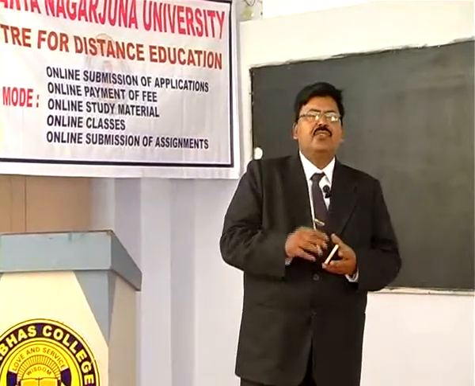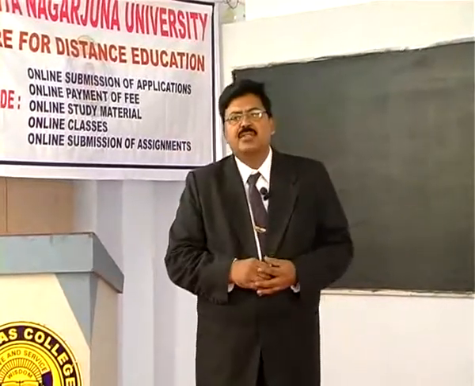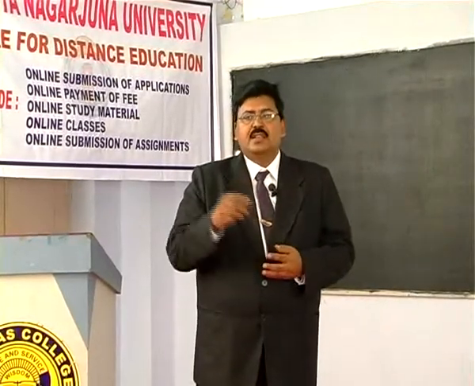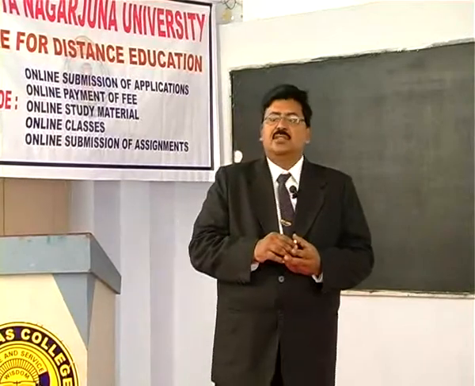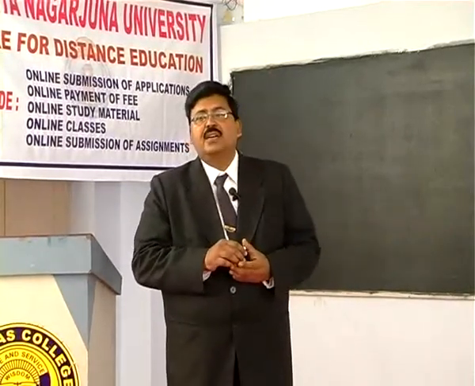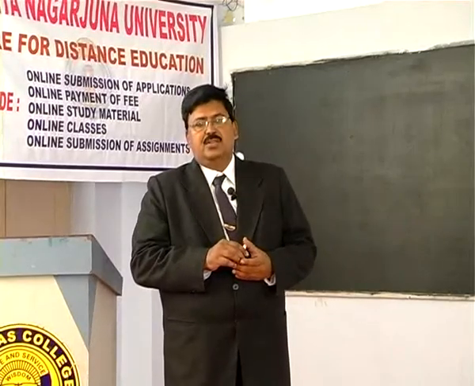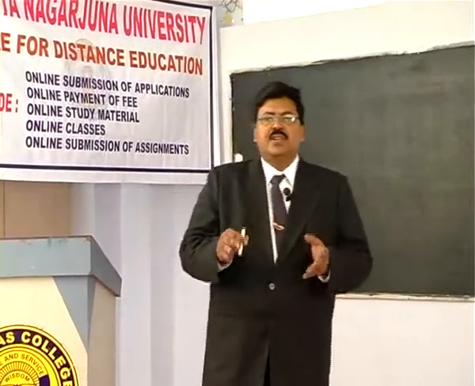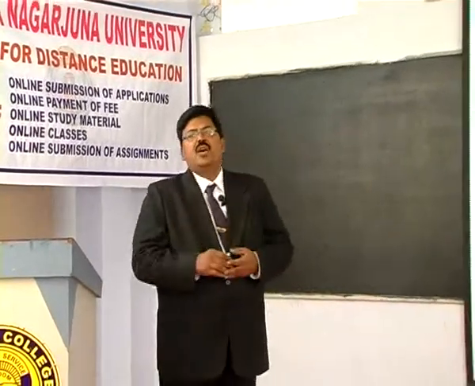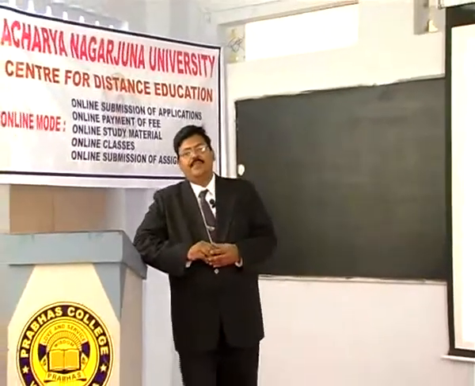So arithmetically, if you add the demands of all individual consumers, you will get market demand for a commodity at that given price. And the same thing you can also express geometrically by horizontal summation of individual demand curves. So market demand is the summation of individual demand curves of individuals. So we need to know what is the individual's demand curve.